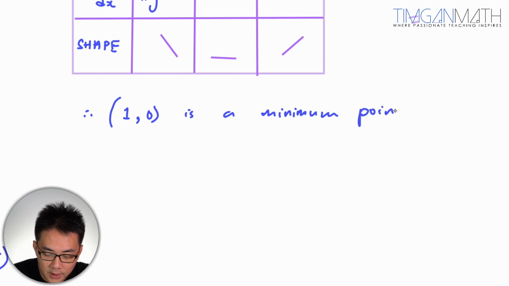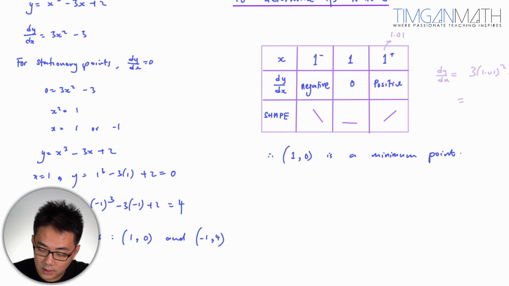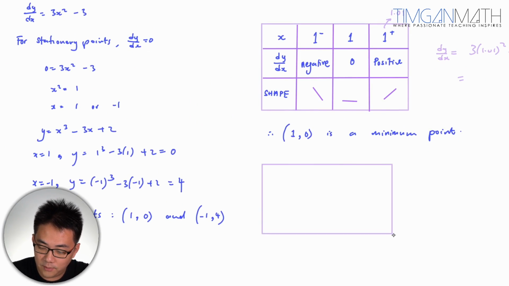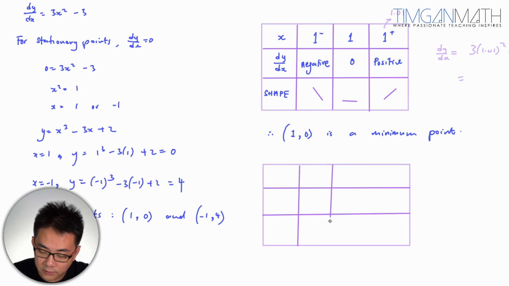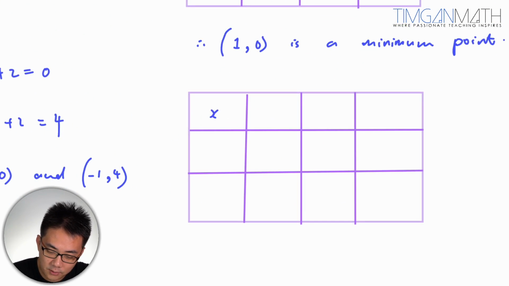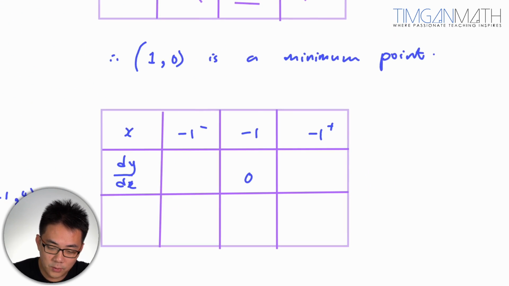So do the same for the next point, which is negative 1 and 4. This is the first derivative test. You just use the first derivative to show the shape. For x equals negative 1, dy/dx is 0. You can put in negative 0.99 and negative 1.01.